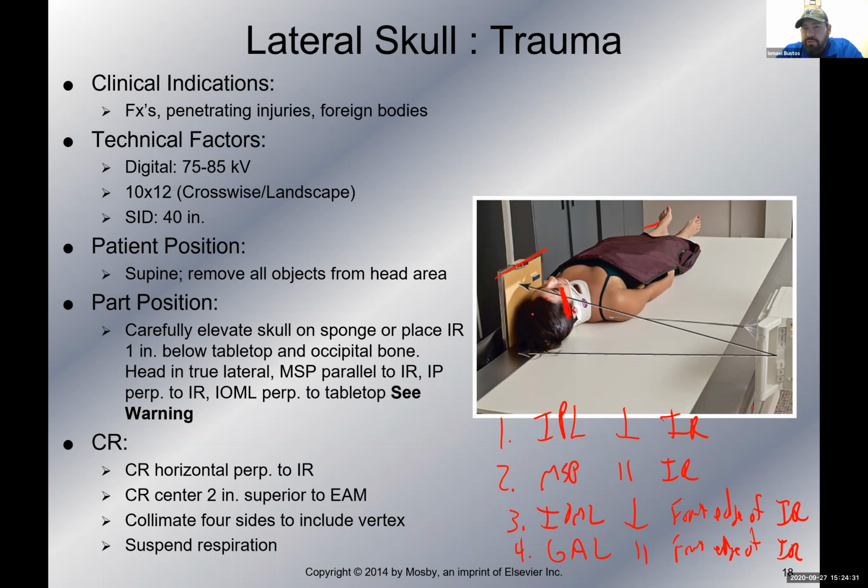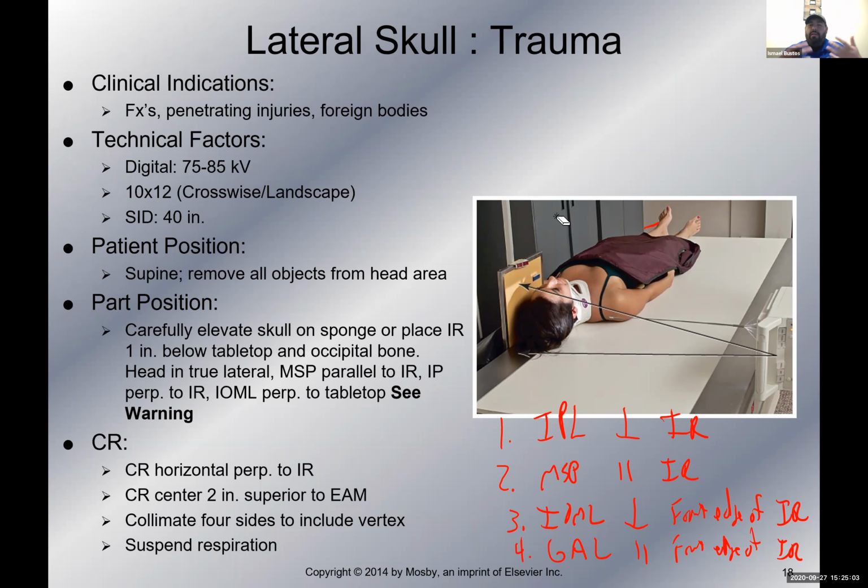I know it's difficult to imagine, but if I was to extend this plane out from the front edge of the image receptor, this line would be perpendicular to it. All right. And then the last one is the GAL, which is the line that goes in the front there. That should be parallel to that front edge of the image receptor. All of that will help you be in a true lateral position, will help avoid excessive flexion or extension or tilt or rotation of the head.